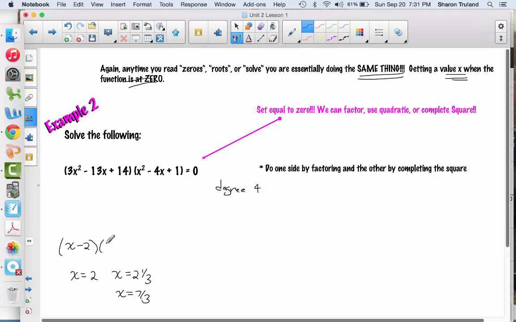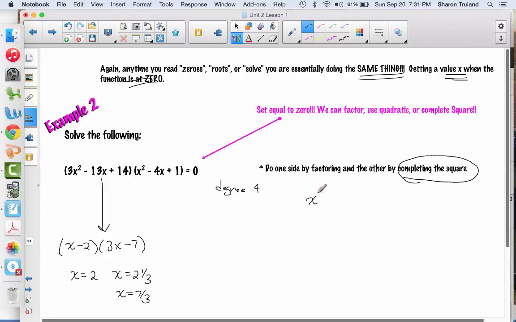And that really comes from 3x minus 7. So that was the factor of this left. Now I got to factor this factor. And that's the one we're going to do by completing the square.